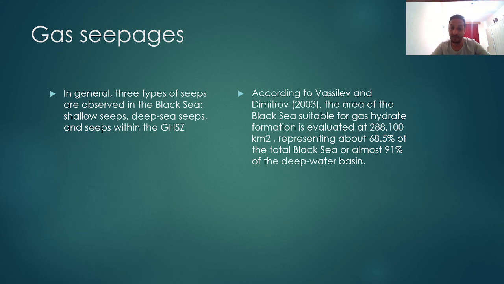According to Veselov and Demirtov, who are from Russia, the area of the Black Sea suitable for gas hydrate formation is evaluated at 288,100 square kilometers, representing almost 68.5% of the total Black Sea, or almost 91% of the deep water basin.